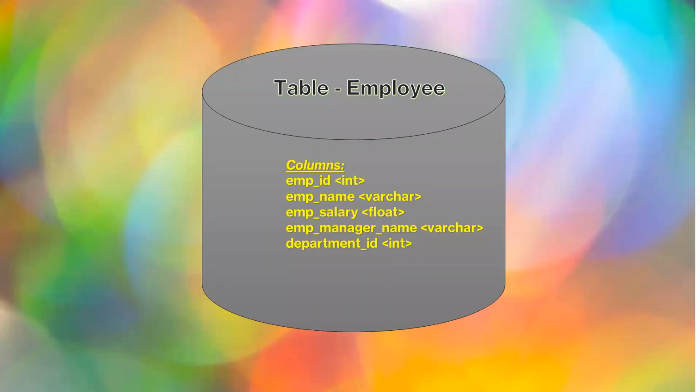So this is the table that we were talking about. Let's assume the table is called employee table, and it has the columns as given here: employee ID, employee name, employee salary, employee manager name, and then department ID.